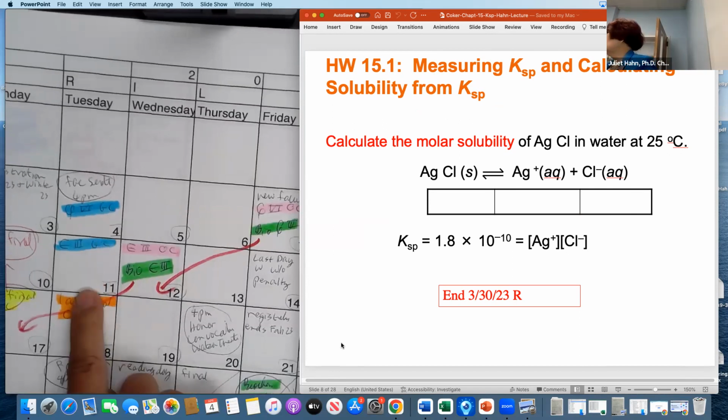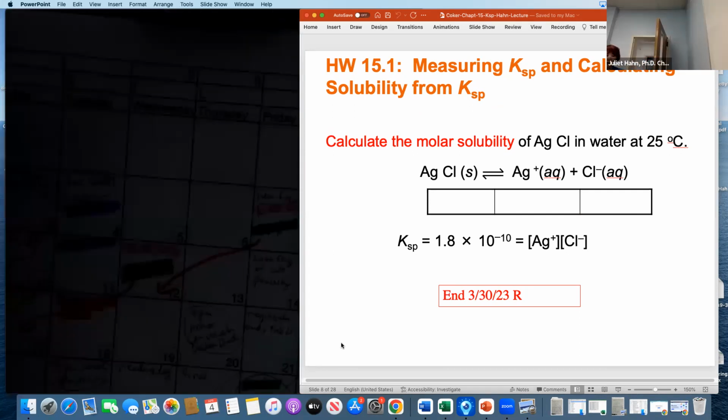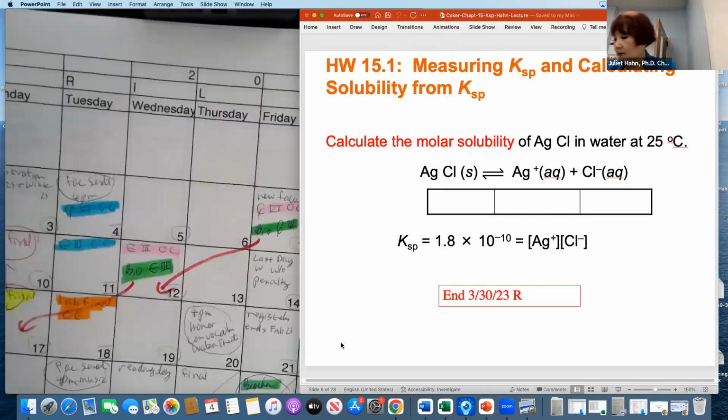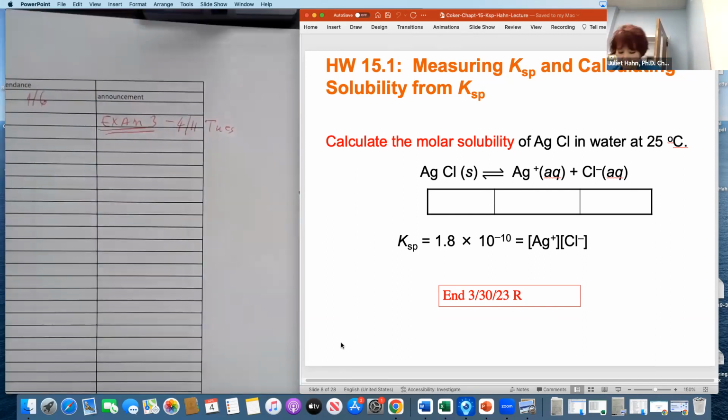It was on the syllabus since the beginning of the semester, so it's the same schedule that we've had all semester. So this is the last quiz before the test. But I did post the answer key to the quiz that you just got back.